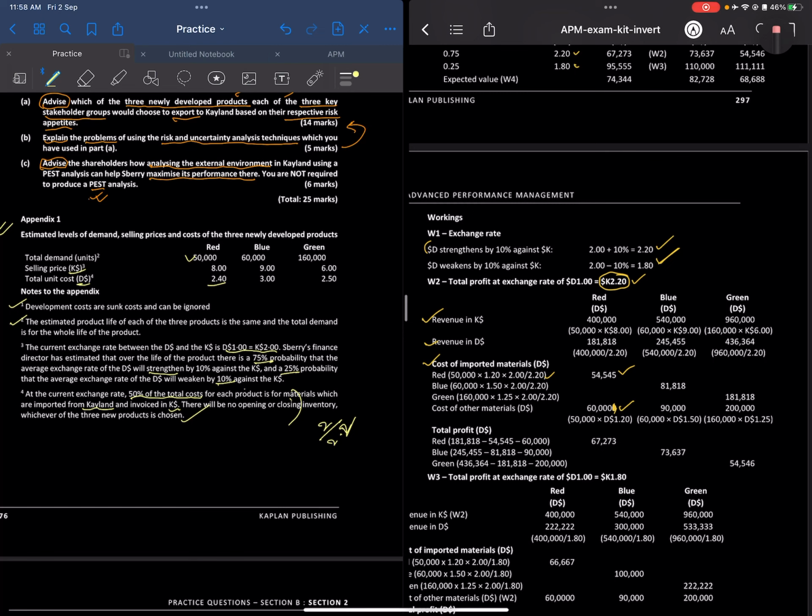I know they've made it a bit complicated over here, but this could be done in a much simpler way. If you've been given imported material, always remember, if half of it is imported, you have to divide it as per proportion.